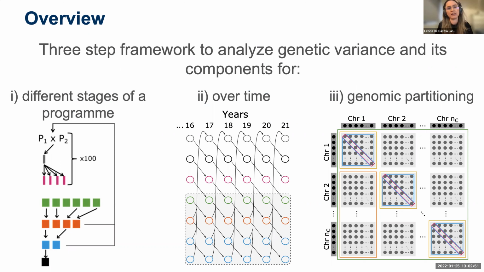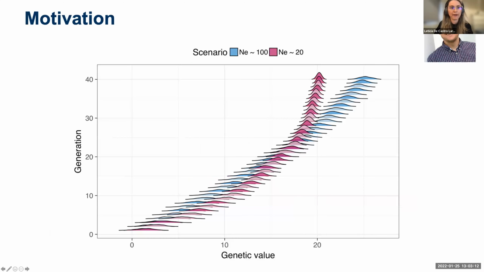Here we developed a framework to analyze genetic variance and its components for different stages of a breeding program, which we call breeding analysis, over time, temporal analysis, and by chromosome and loci level, which we call genomic analysis. Well, I stole this slide from Gregor because before presenting the paper, I want to show you why we should be interested in analyzing genetic variance.